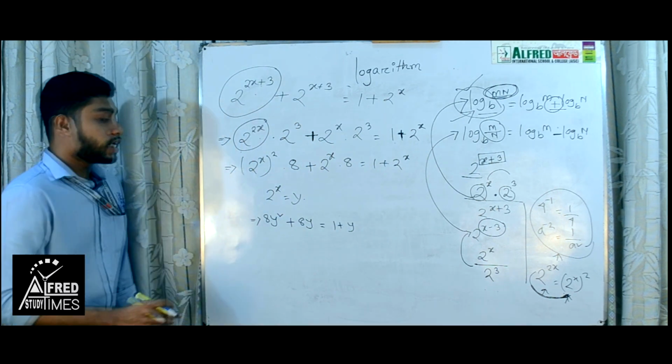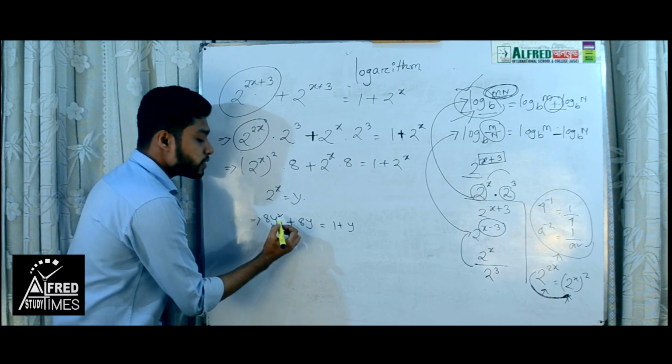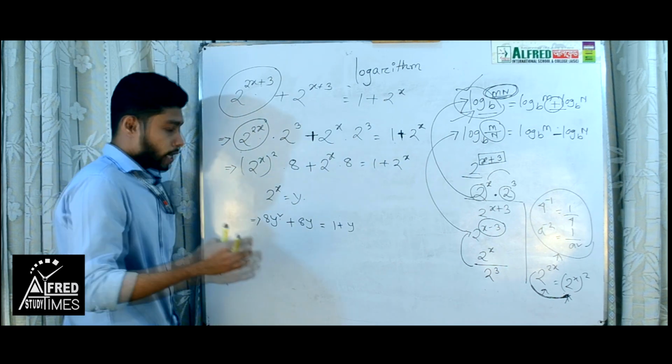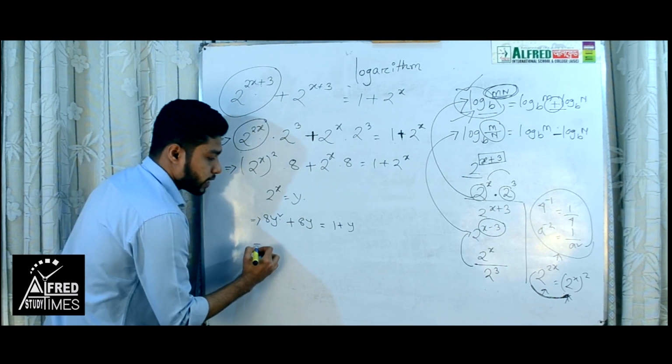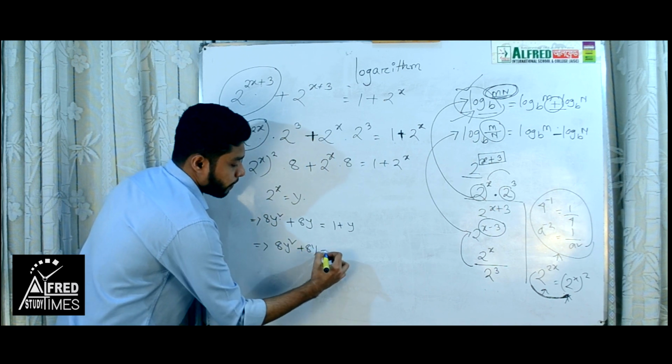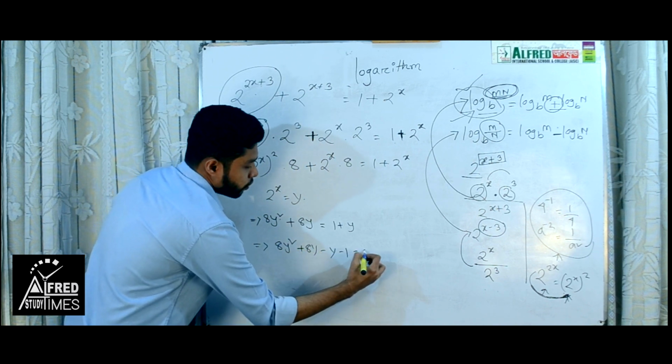You know that there is a square, and we have to do the middle term or factorize. Then we can write 8y square plus 8y minus y minus 1 is equal to 0.